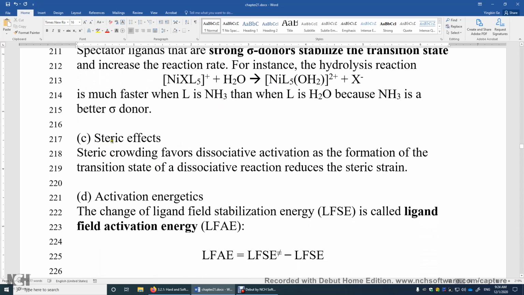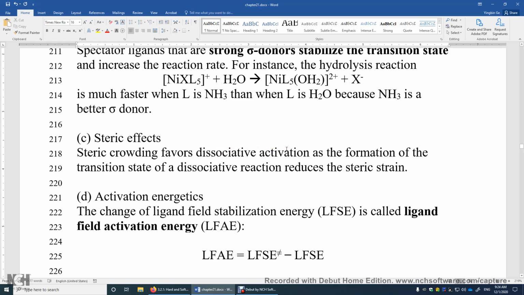Subsection C, steric effects. If you have really bulky ligands, the steric crowding favors dissociative activation. This is obvious.